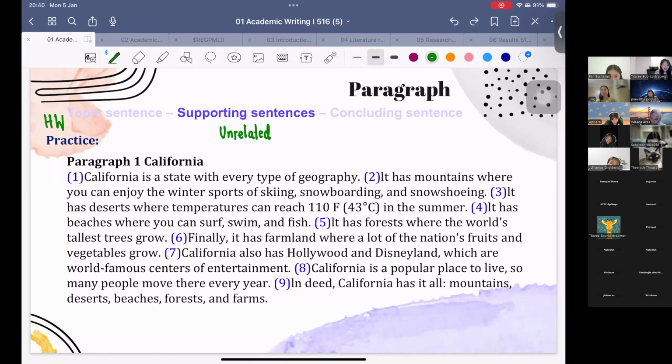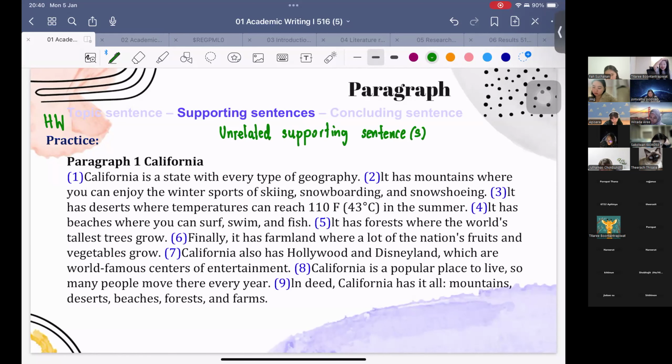Let's say the unrelated supporting sentence. Since we are in the supporting sentence, based on this paragraph, which sentence is not related?